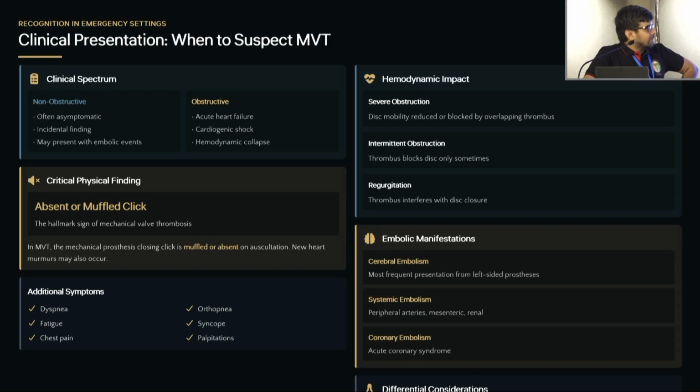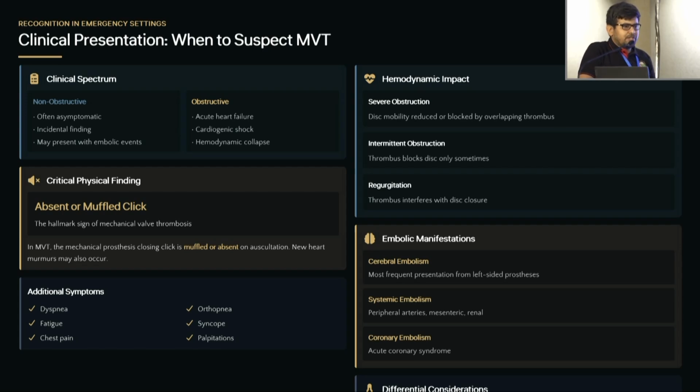As for the hemodynamic impact, the patient may have severe obstruction of the disc, or the thrombus will be interfering so that the disc does not close, because of which a regurgitation jet might arise, which may lead to heart failure.